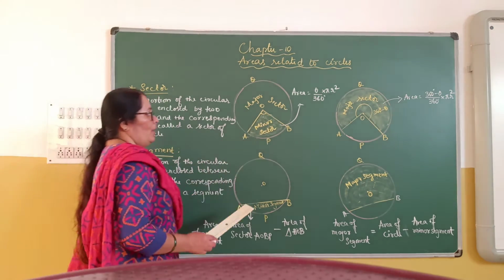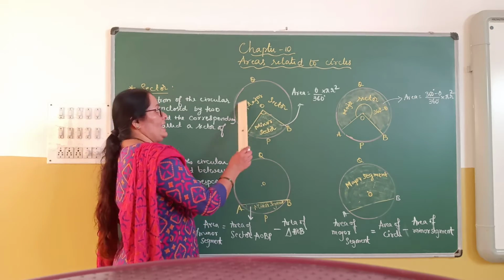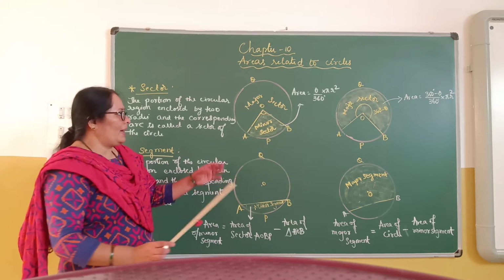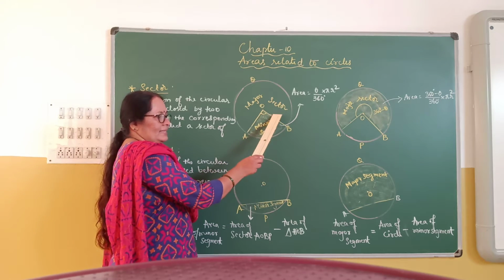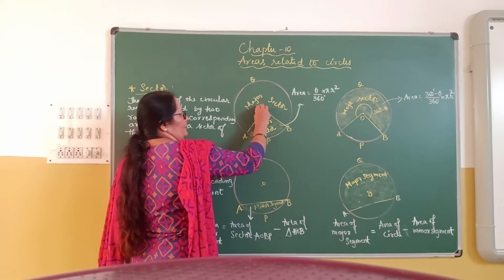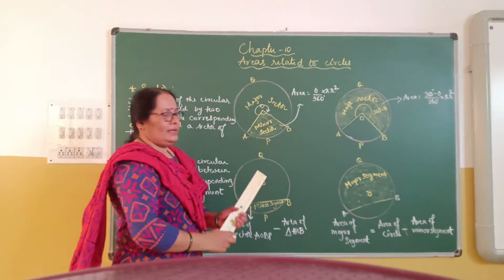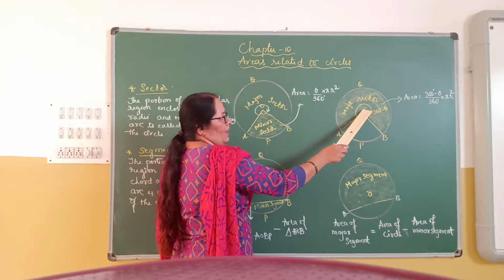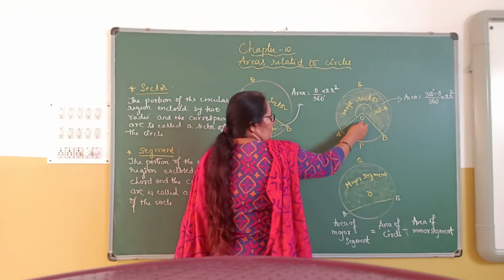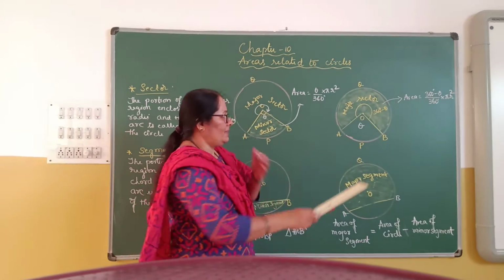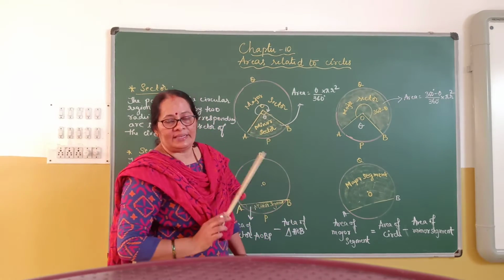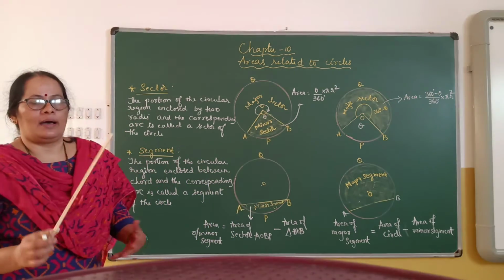Now, how will we calculate the area of the major sector? To find the area of the major sector, the central angle is this one, that is 360 minus theta. Suppose this angle is theta, then the angle of the major sector is 360 minus theta, so the area is 360 minus theta by 360 into pi r square.